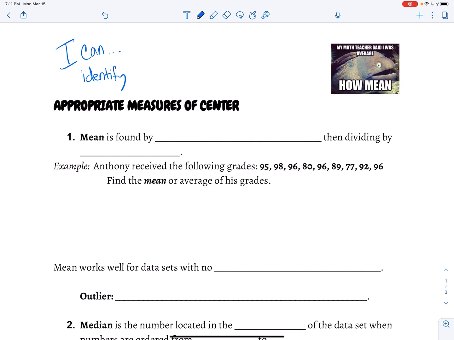So we're going to delve right into this. We're going to remind ourselves that the mean is found by adding all the numbers together and then dividing by how many numbers there are.